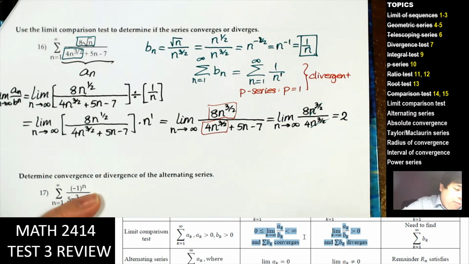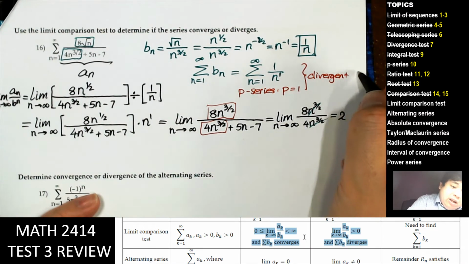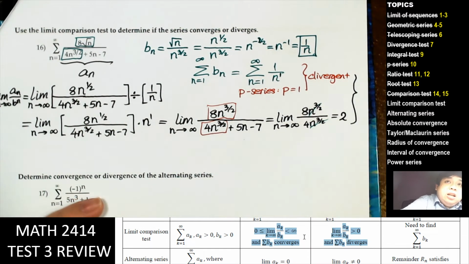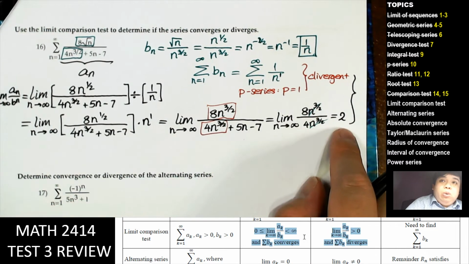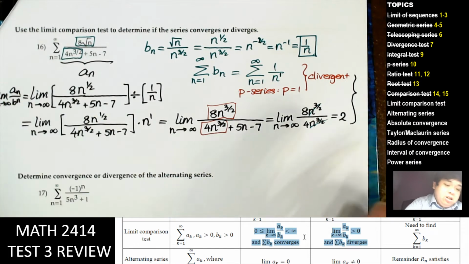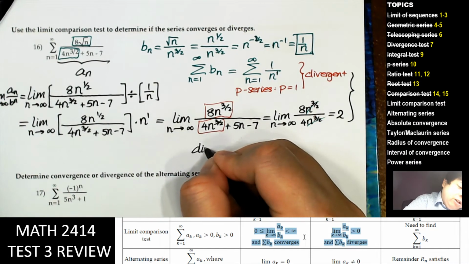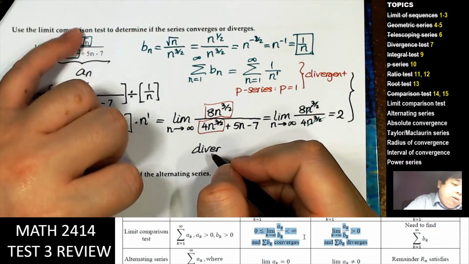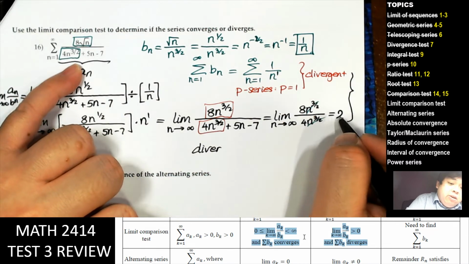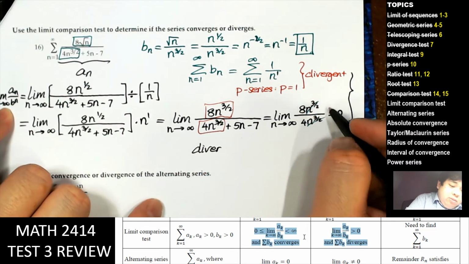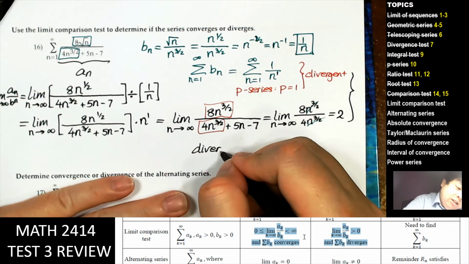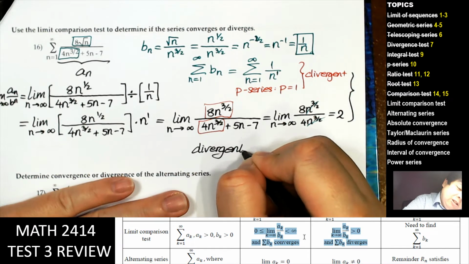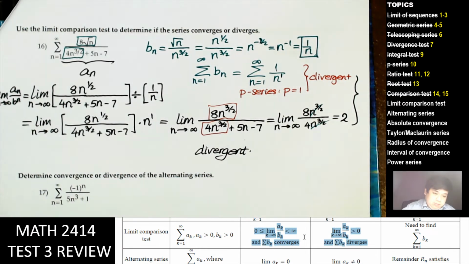Now, the series b sub n is divergent and the ratio is equal to 2, meaning this series is divergent as well. So the behavior of them will be the same if the limit of the ratio is anything finite. So this one is divergent.